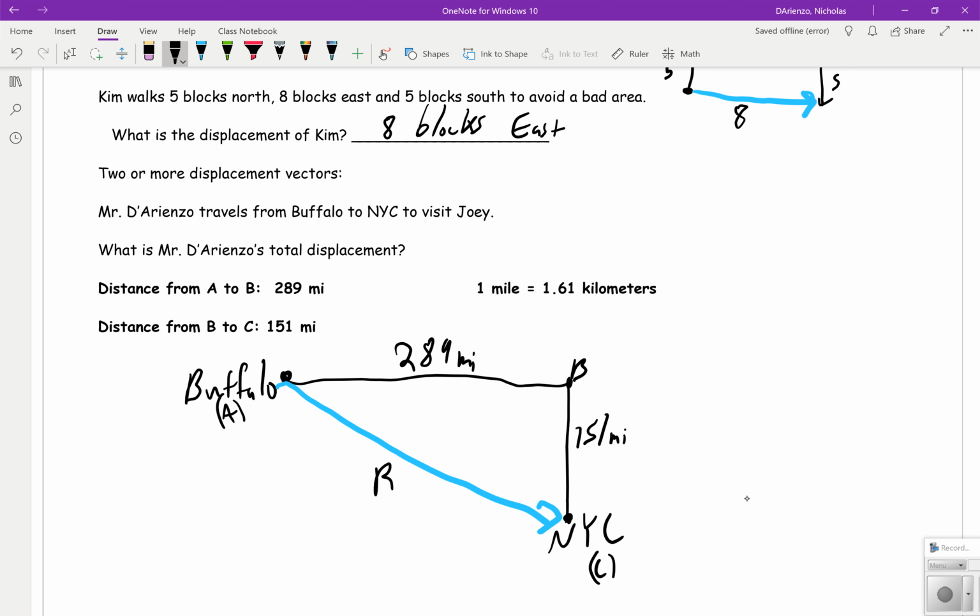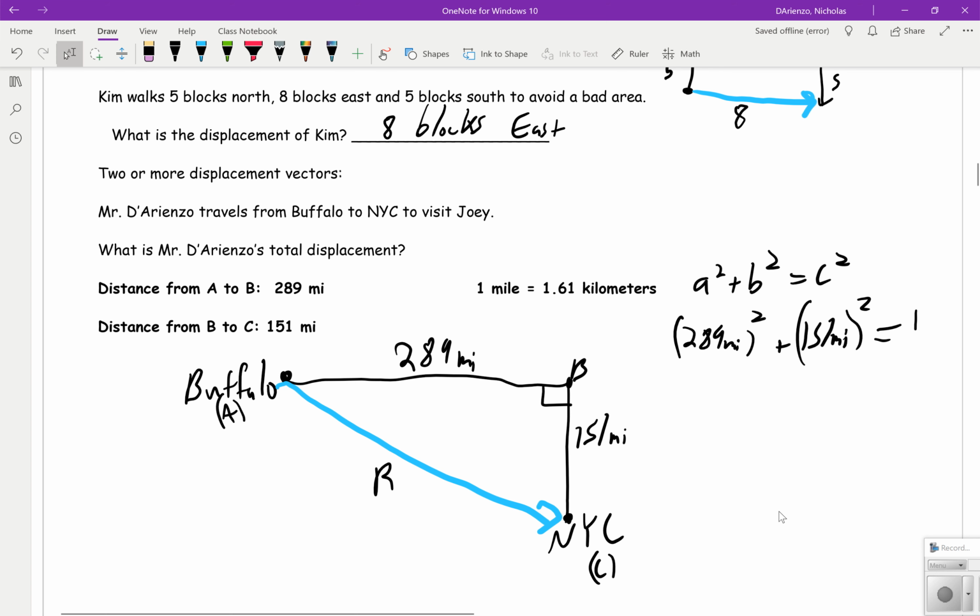If you remember, we can find one side of a triangle if we know the other two. This is a right triangle. Using the Pythagorean theorem, a squared plus b squared equals c squared. Now we have a right angle, and we know the two sides. So this is 289 miles squared plus 151 miles squared. And that's going to be equal to our resultant squared.